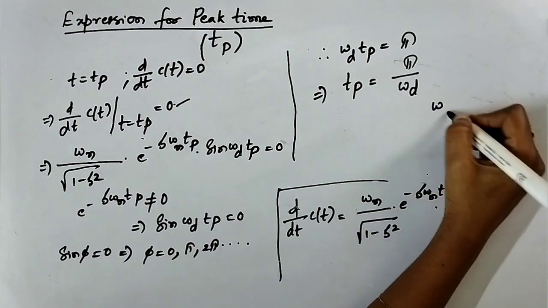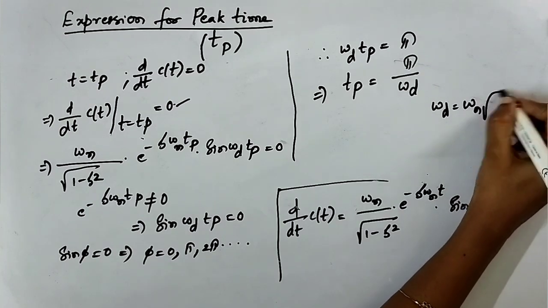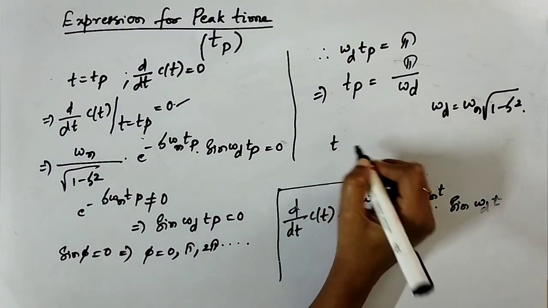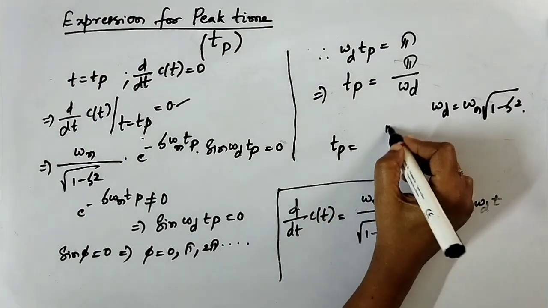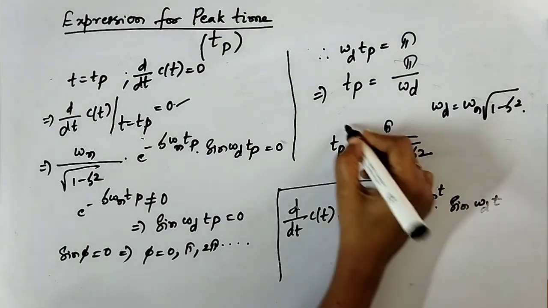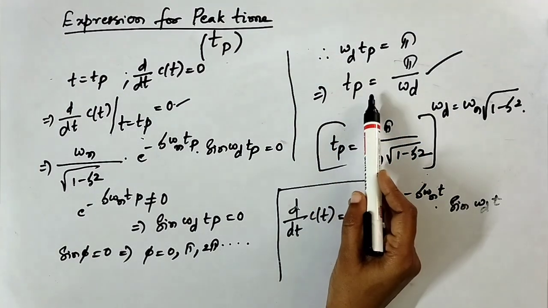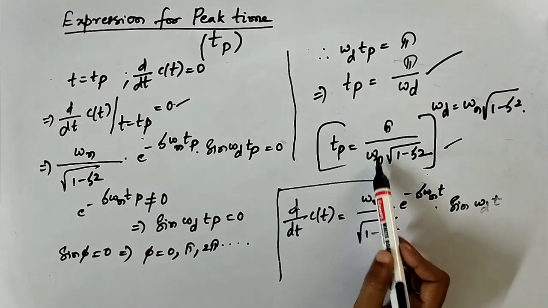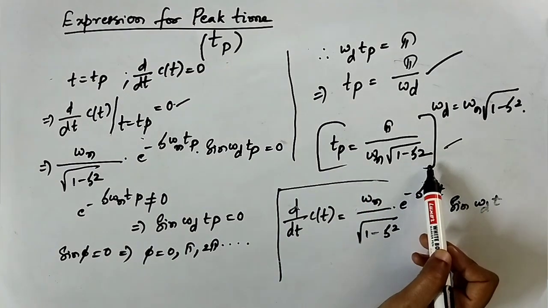We all know omega d is nothing but omega n into root over 1 minus zeta square. So in terms of omega d, Tp equal to pi by omega d, and in terms of omega n, Tp equal to pi by omega n into root over 1 minus zeta square.